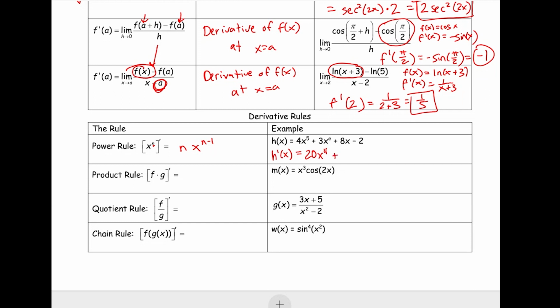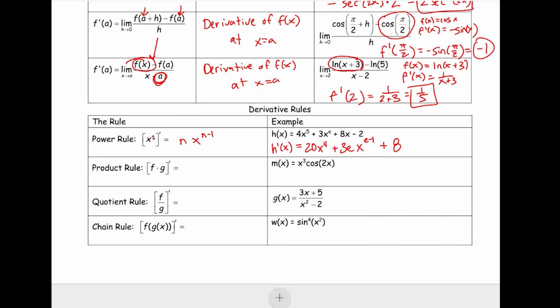Plus 3 times e times x to the e minus 1, and e is irrational, so I'm just going to leave it in exact form. Plus the derivative of 8x is just 8, and the derivative of 2 is 0, so I'm done.